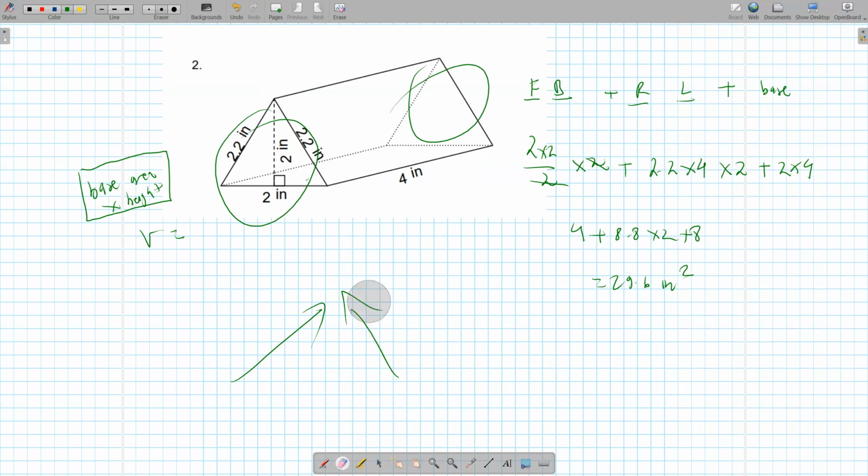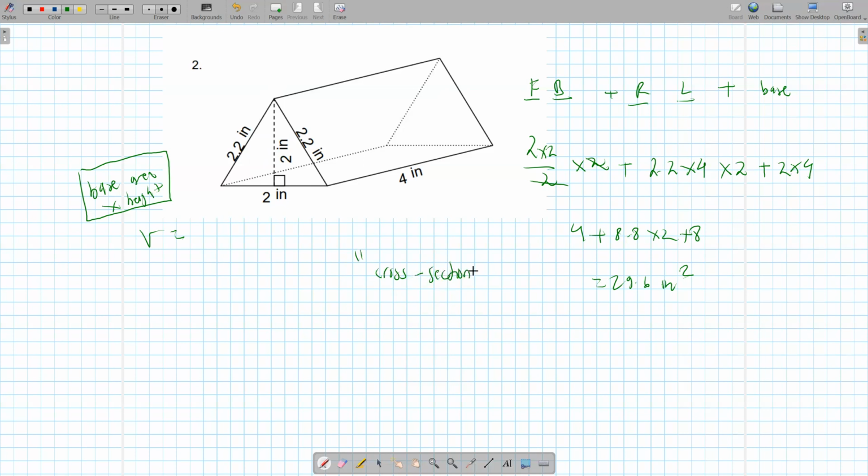A better way to do this actually is something called the cross-sectional area. This is the technical term. The volume of any object is the cross-sectional area times the height. Now let's look at what cross-sectional area is.